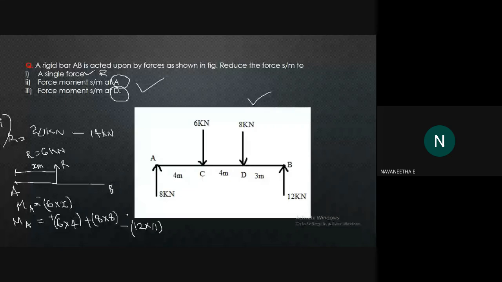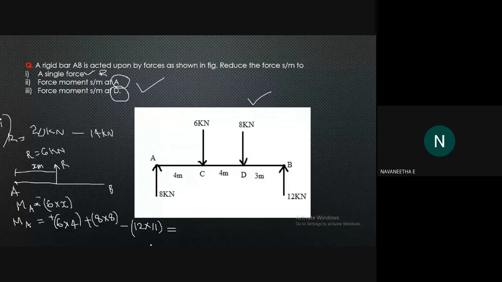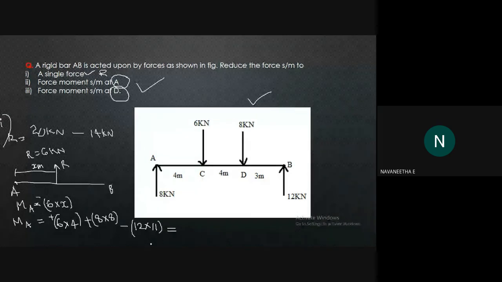So what is the value of MA here? Find out the value of MA and tell me. Yes, negative 44.